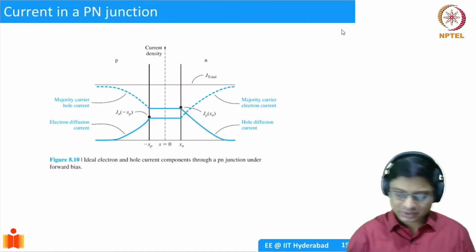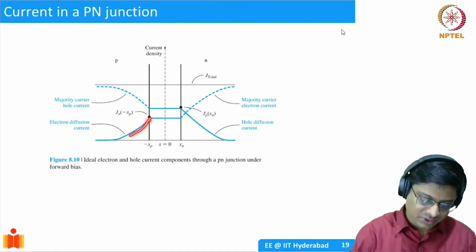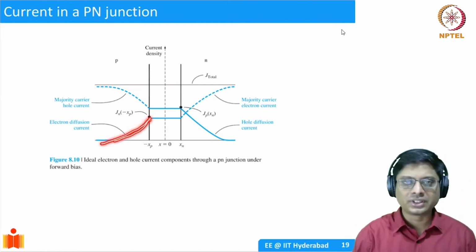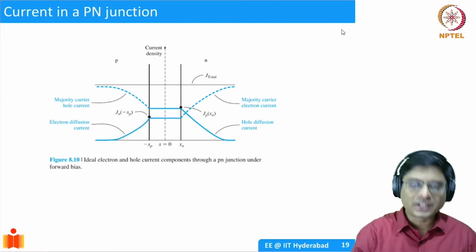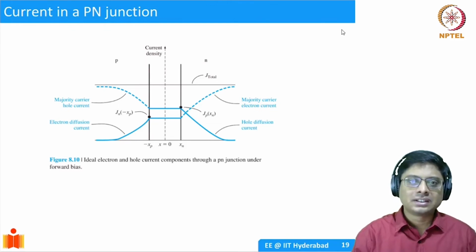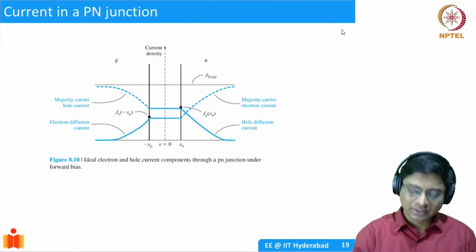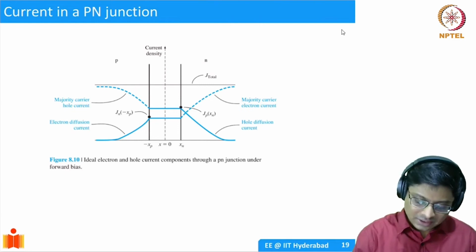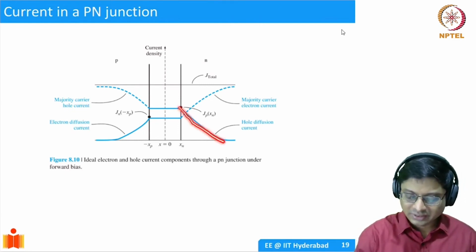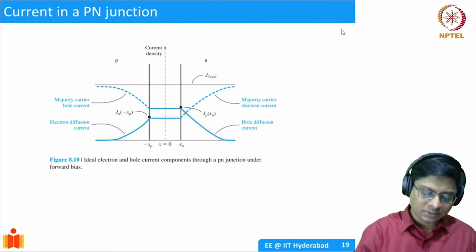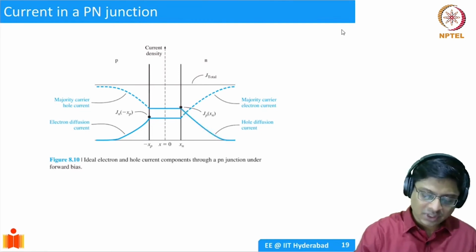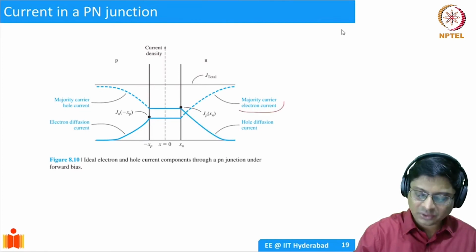As you go into the N-type semiconductor, the hole current is going to reduce, right? And as the holes are reducing, the number of electrons is increasing. So essentially, this was a minority carrier current which was reducing, and that is being substituted by the majority carrier current, which is basically the electrons.